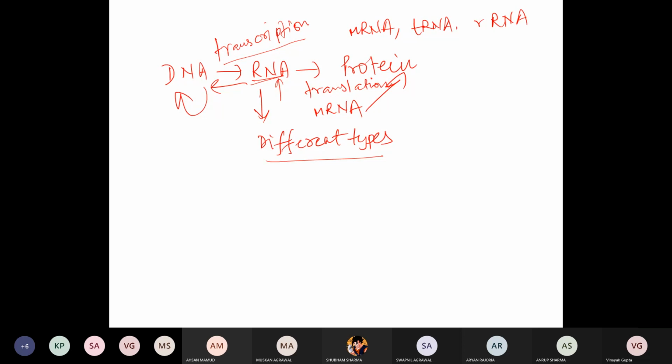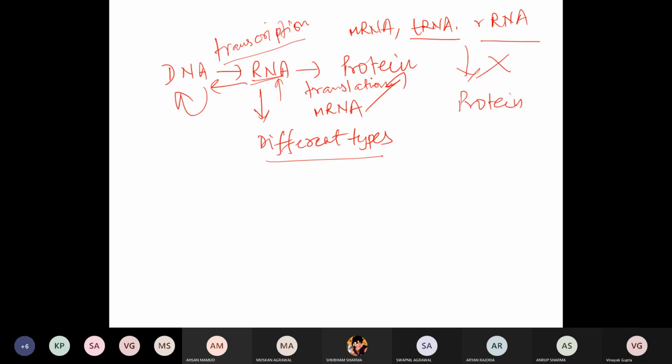It is the messenger. It has the message for a particular protein. Other types of RNA, whether tRNA or rRNA, are not going to code for a protein. It is only mRNA which is going to code for a protein.